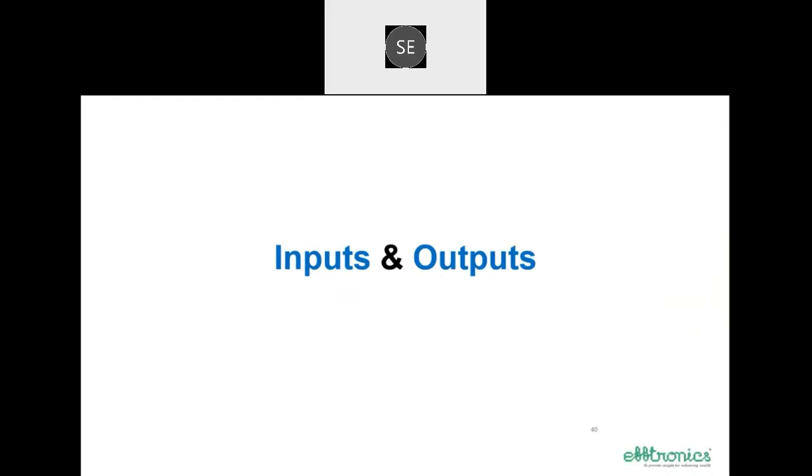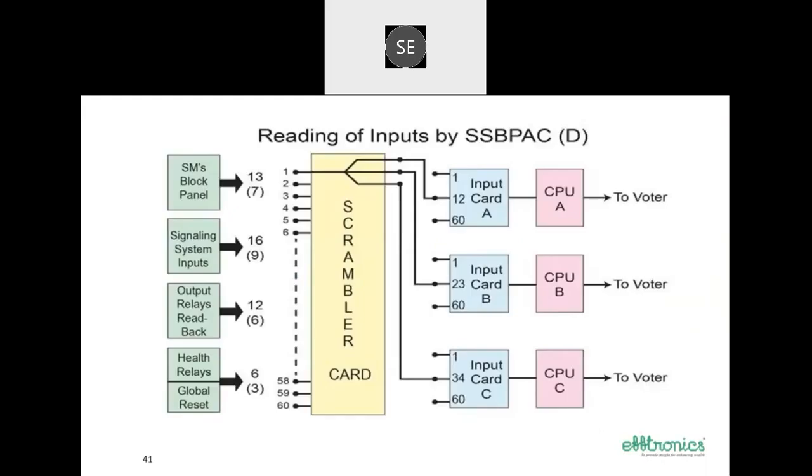After the block operations we have just seen, I would like to discuss the inputs and outputs of the system. What are given as inputs to the system, and what outputs are generated by the block instrument.